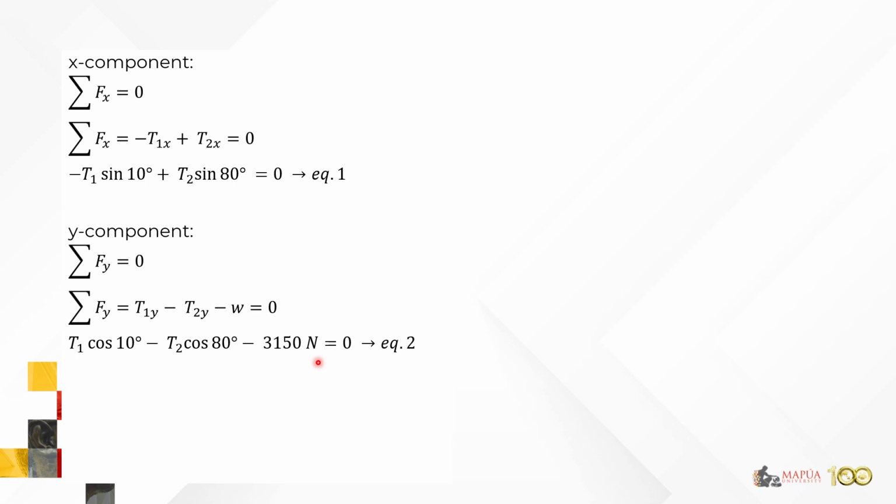If we're going to be strict, the weight here has an angle theta of 270 degrees because it's pointing downwards. And if you get the cosine of 270 degrees, it's negative 1. So that's why it's negative 3,150 newtons. So this is now our equation 2.